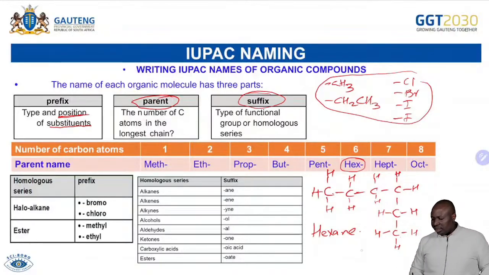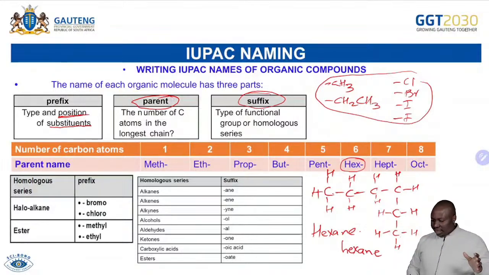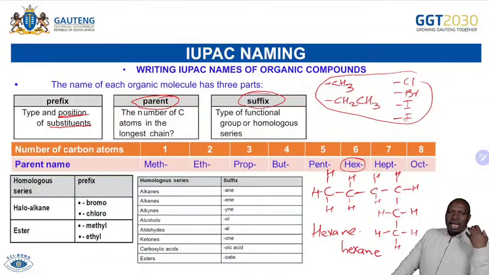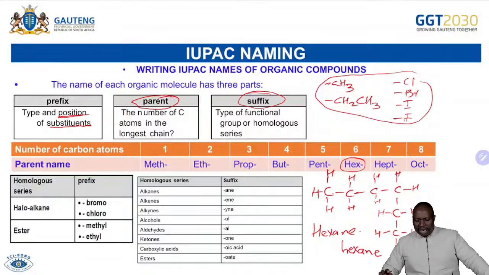We said, okay, this is an ane. And then how many carbons in the parent chain? 6. So that will be hex. Remember, we write two names only for esters and carboxylic acids. All the others are one name. No matter how long the name is, you will write it as one.